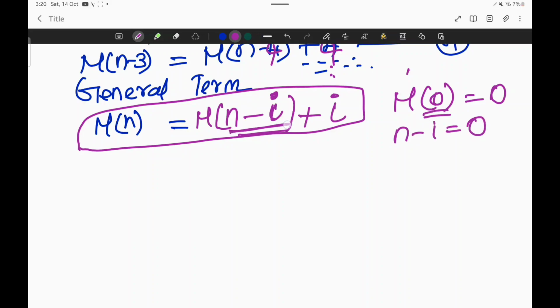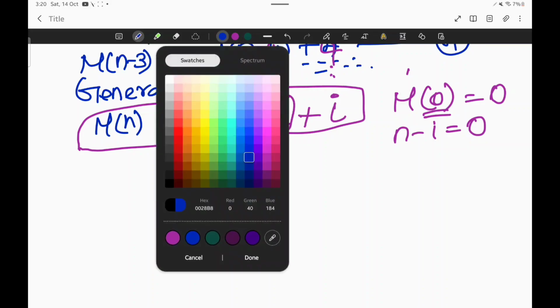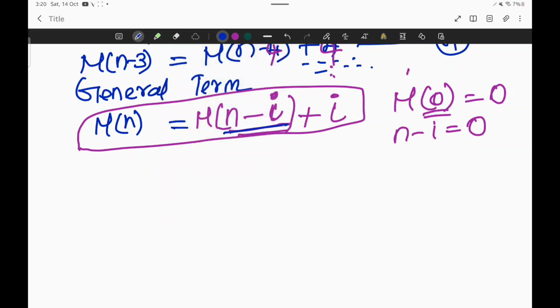N will remain on one side, so n minus I is equal to 0. With the help of the initial condition we are matching. So n is equal to I, since minus I becomes plus I when it passes to the other side of the equal to symbol.